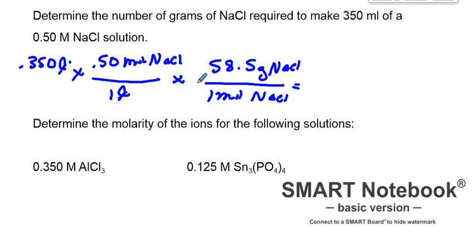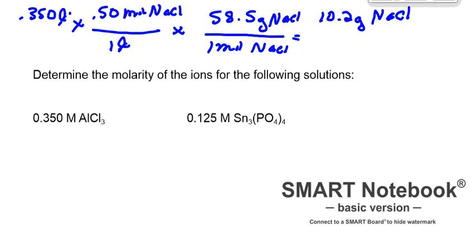Okay, and then I'll just be multiplying all those together, and that gives me 10.2 grams of NaCl. Okay, so that's our calculation to get us into grams of NaCl.